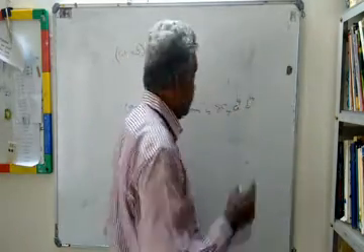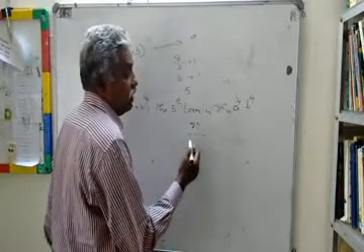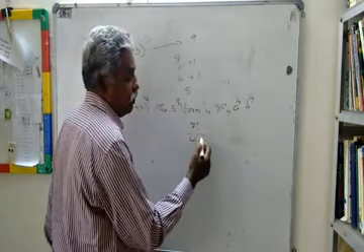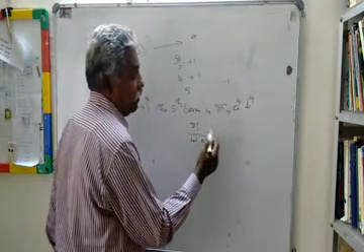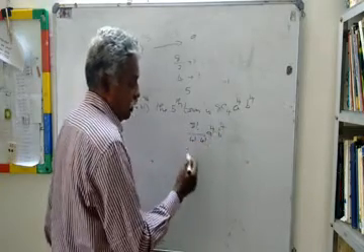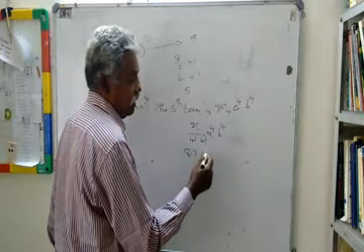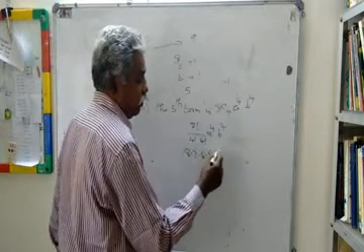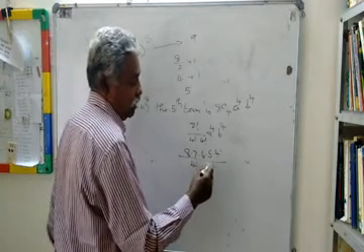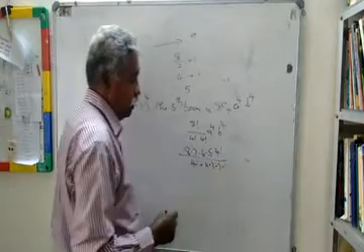And 8C4 we know is 8 factorial divided by 4 factorial into (8 minus 4), which is 4 factorial, into a raised to 4, b raised to 4. 8 factorial may be written as 8 into 7 into 6 into 5 into 4 factorial divided by 4 factorial into 4 into 3 into 2 into 1.